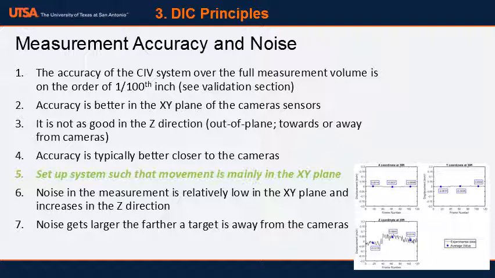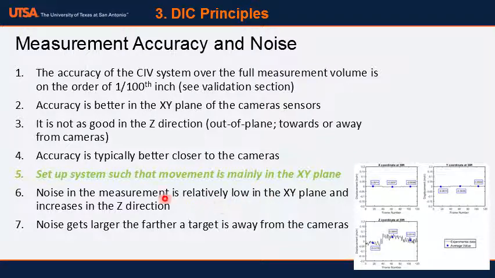If the movement is in line with the same plane as the camera sensor, called the XY plane, then the accuracy is much better. It is not as good in the Z direction, so if you're going away from or towards the cameras in that direction, it is not as good. Also, accuracy is typically better as you get closer to the cameras, so at 40 feet you will have better numbers than at 110 feet; the farther you go, the worse it gets.